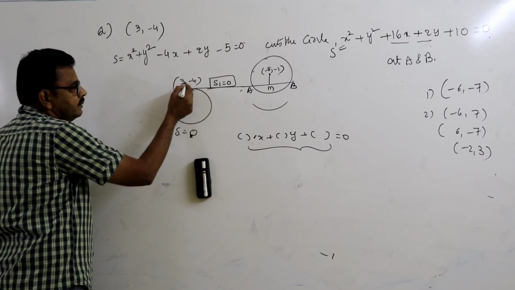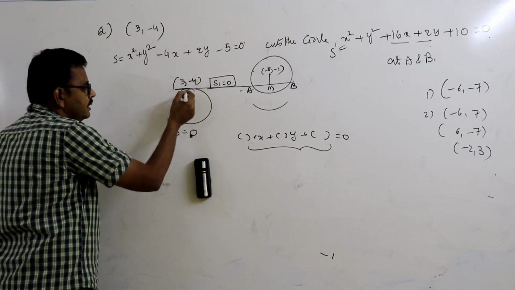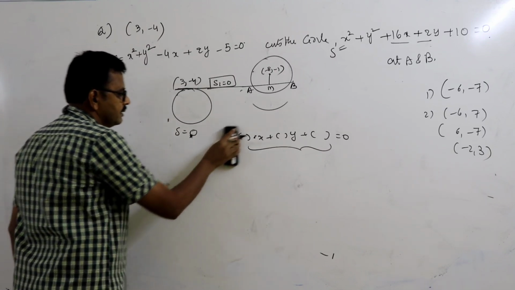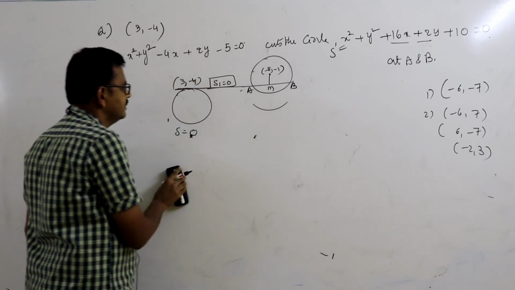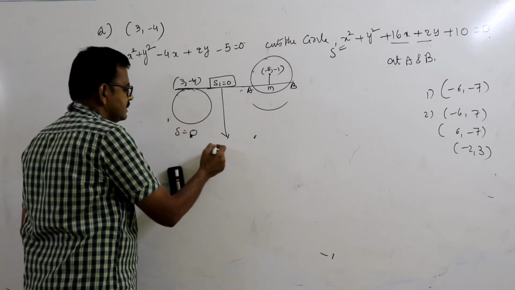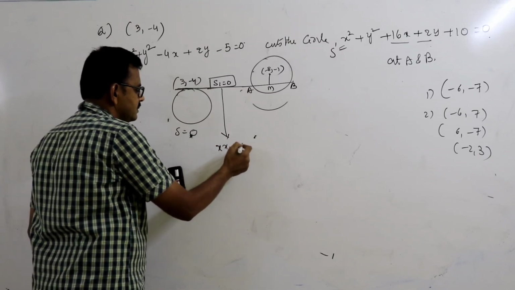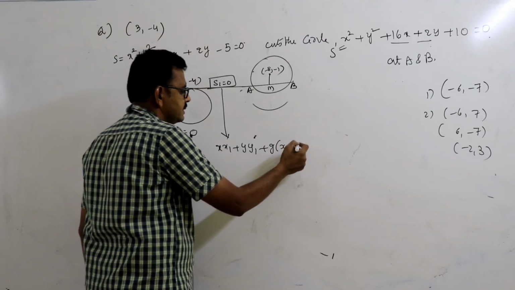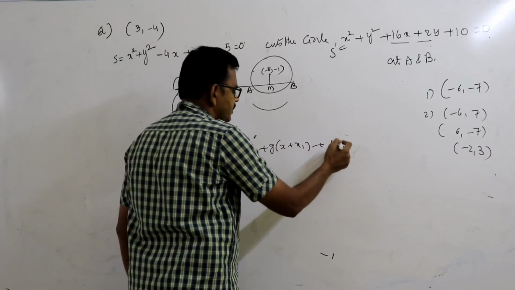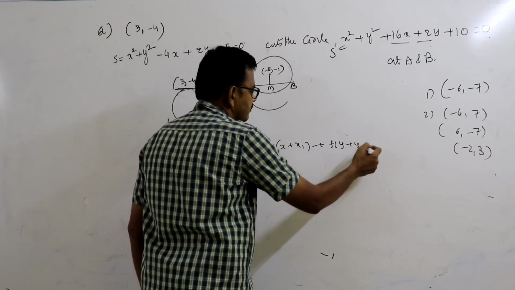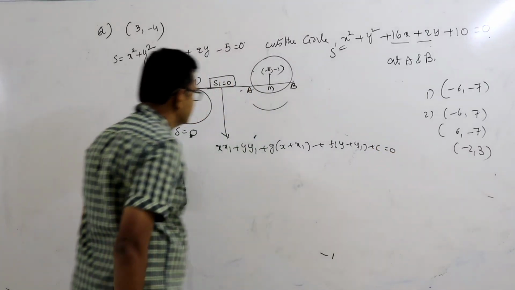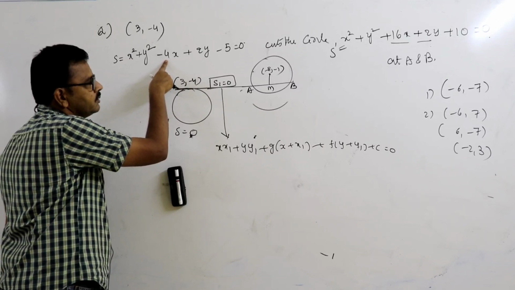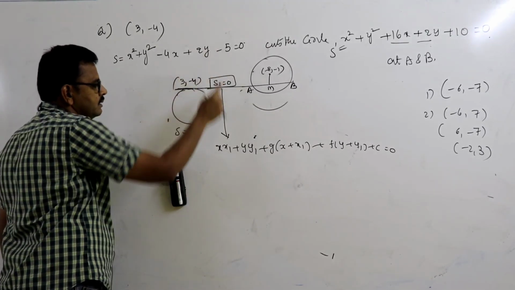At the point 3 comma minus 4, equation of tangent is S1 equal to 0. You know S1. What is S1? S1 is x x1 plus y y1 plus g of x plus x1 plus f of y plus y1 plus c equal to 0. x1 is 3 comma minus 4. g is minus 2, f is 1, c is minus 5.